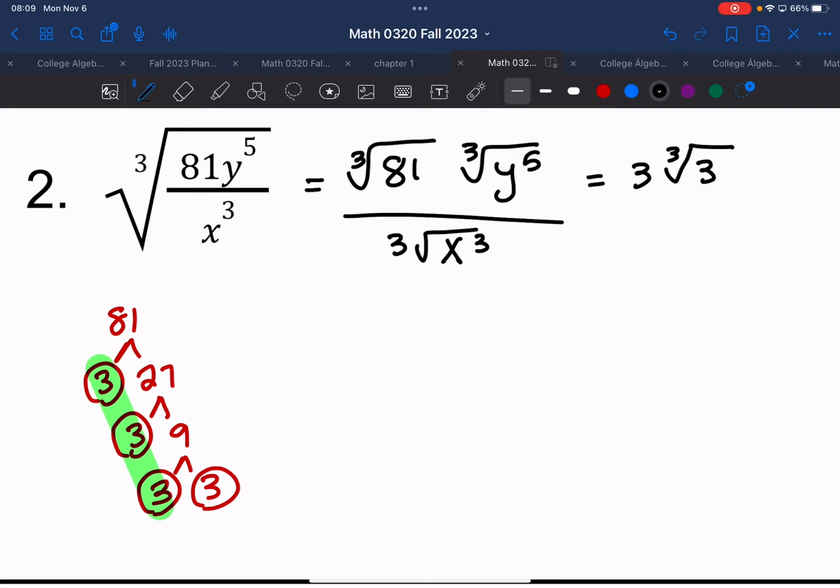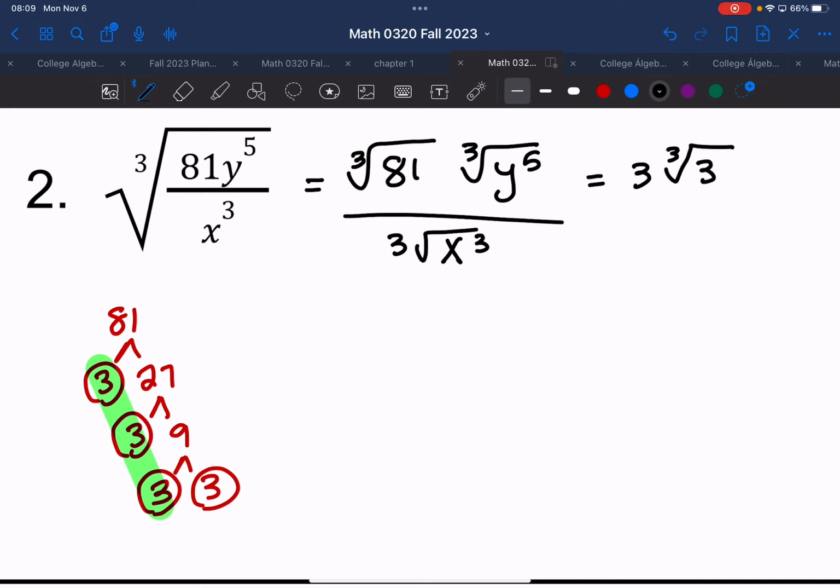Now let's look at the cube root of y to the 5th. So we could think of it 2 ways. We could write that y 5 times and circle pairs of 3, or we could see how many times 3 can go into 5. How many times can 3 go into 5?